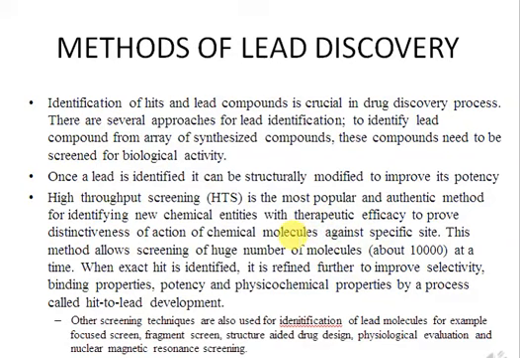And the important thing is that we analyze these compounds in huge numbers. Approximately you can analyze about 10,000 compounds at a time, right? This is the efficiency of high throughput screening, that you can analyze a large number of compounds at a time, right?